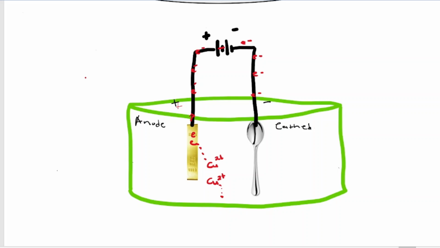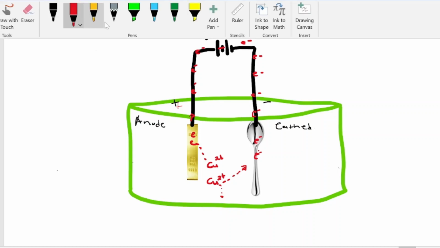And remember, when these electrons get to the side of the spoon, what's going to happen? These positive ions are going to be attracted to that electron there. When they are attracted to this electron, they will go and combine.